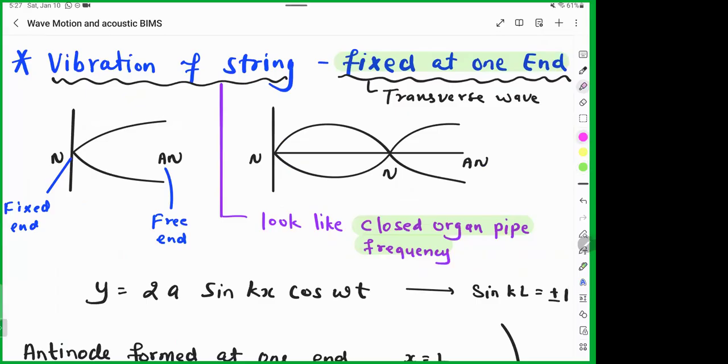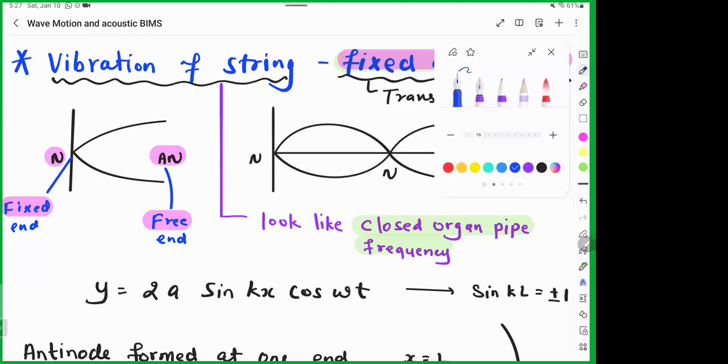Now we want to understand when one end is fixed and another end is free. Whenever an end is fixed, you will always see a node there. If the end is free, you will see an antinode here. Can we say this part is half of your half wave?